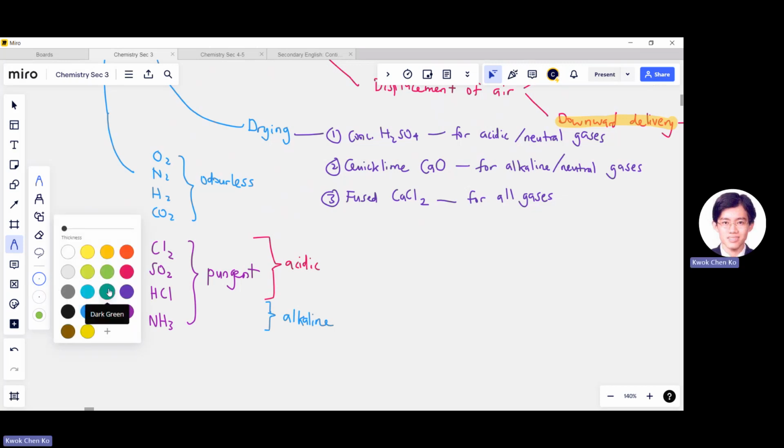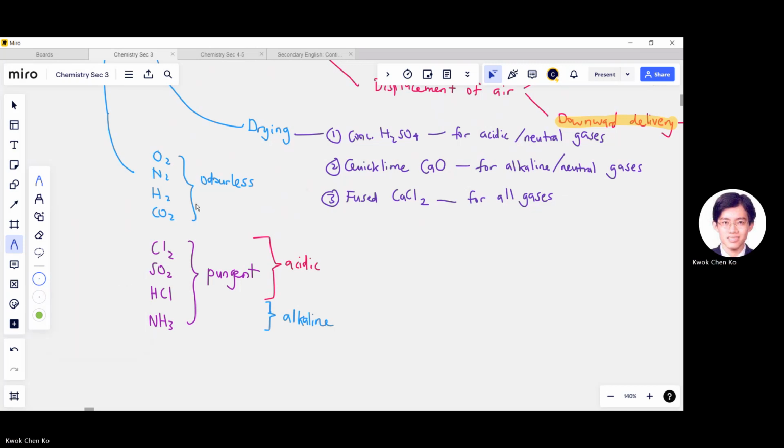So where are the neutral gases? No, CO2, if you can remember, is acidic too. Remember acid rain? All right. It's partly due to CO2, partly. CO2 is acidic.